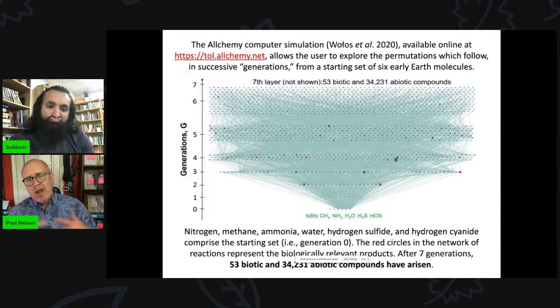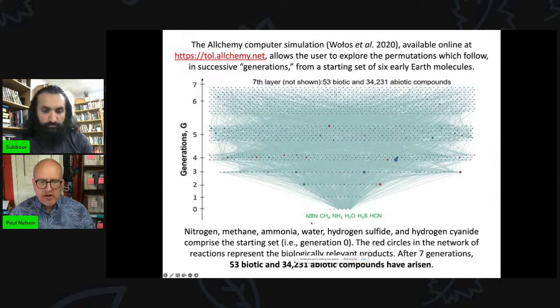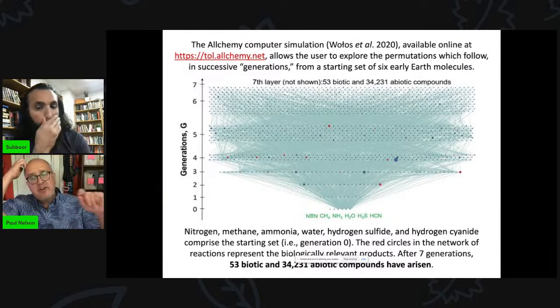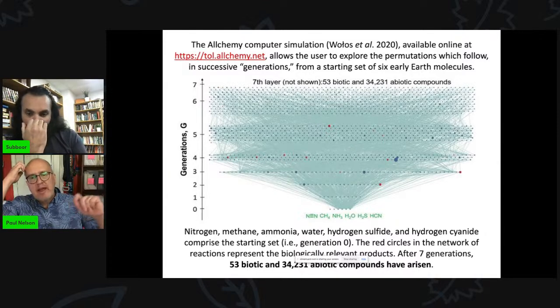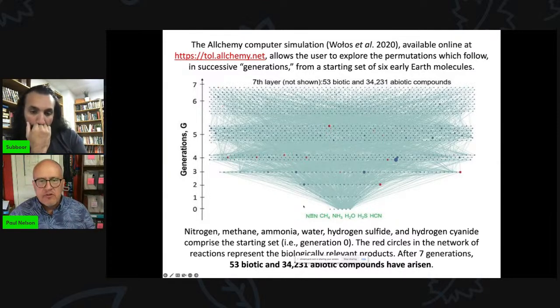And then they ran the simulation to generate all the possible products from the undirected interaction of those starting chemicals here. So here's our starting set. And they let the chemistry run itself, basically, without specifying a target.